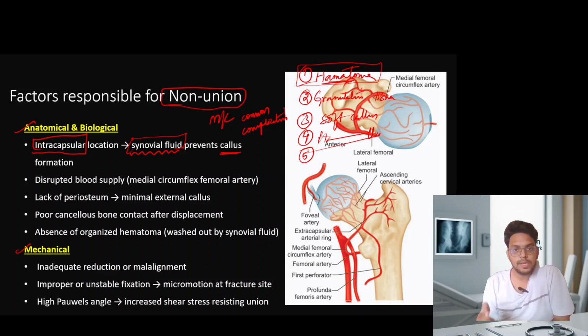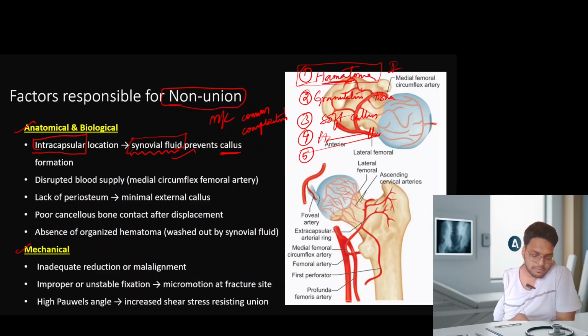If the hematoma is not persistent and not organizing, then it will not go into the stage of granulation tissue. So the first stage itself is getting damaged and it is not progressing into union. It is the first most important reason. Because of the intracapsular location, the synovial fluid will prevent organization of the hematoma.